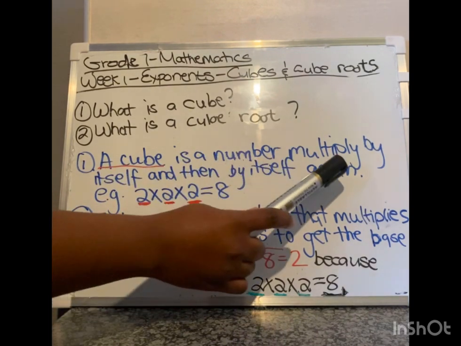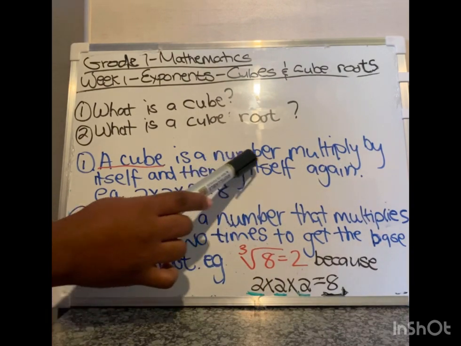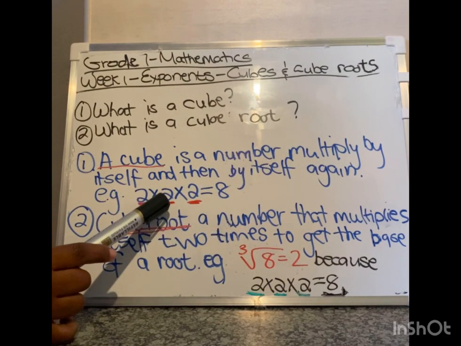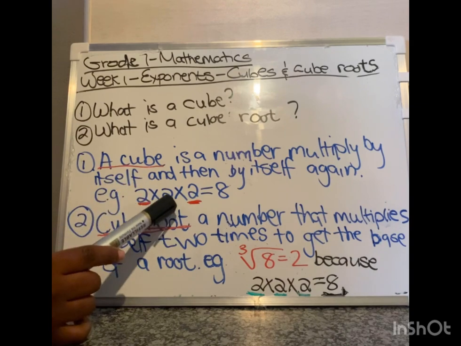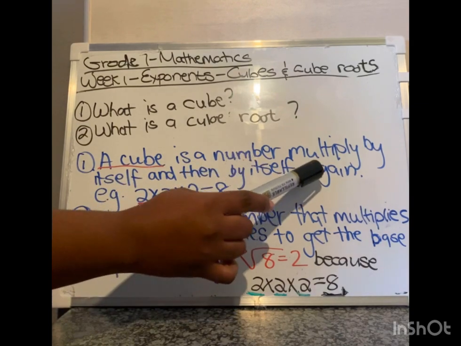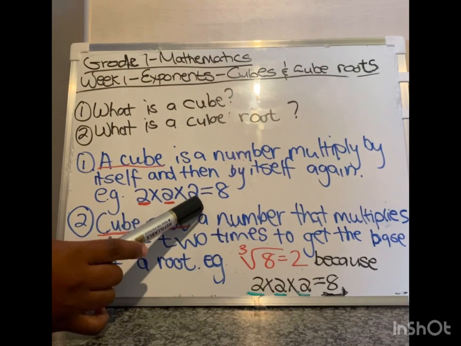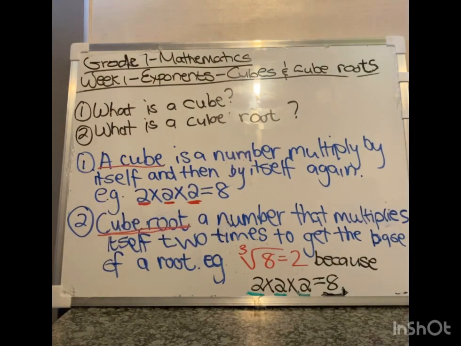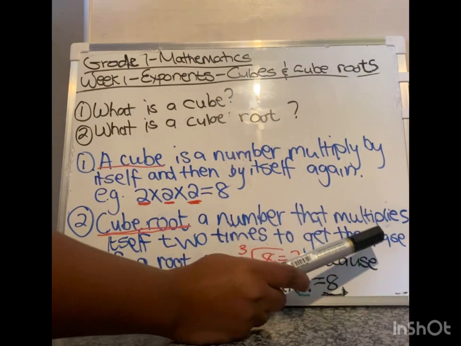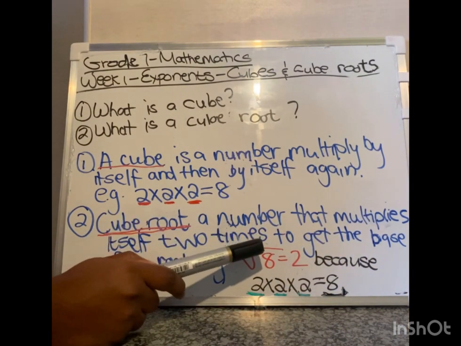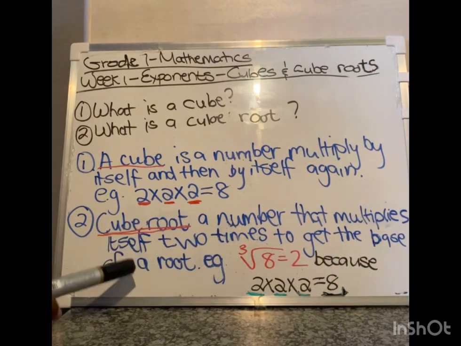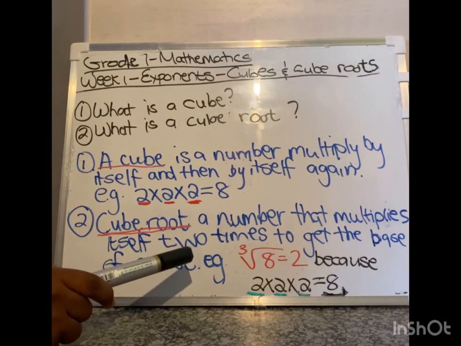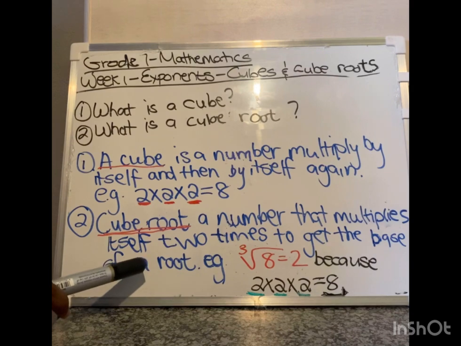It's a number, 2, multiplied by itself, which is 2, and then by itself again, which is another 2, which equals 8. Now a cube root is a number that multiplies itself 2 times to get the base of a cube root.